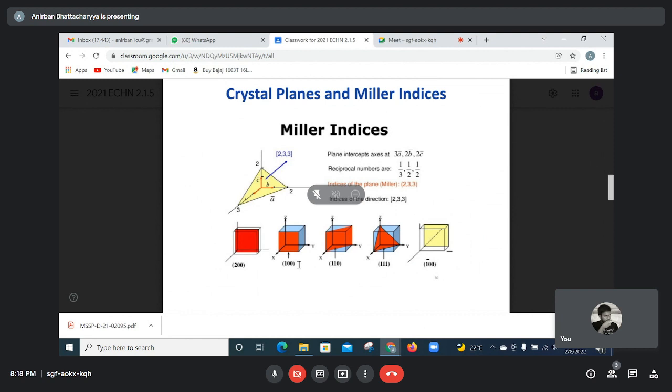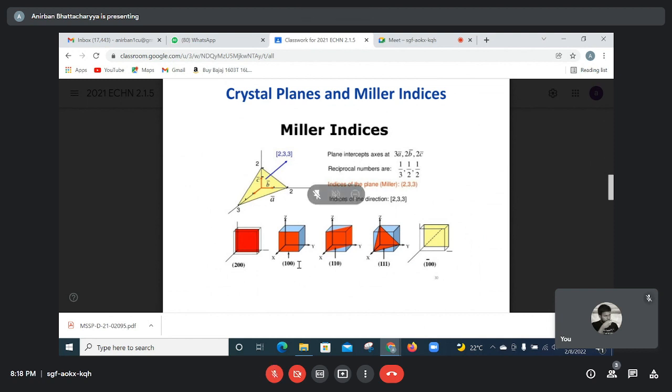At some point, right? Where does it cut the y-axis? Nowhere. At infinity, right? It's parallel. So where do parallel lines meet? At infinity. So the z-axis is the same.